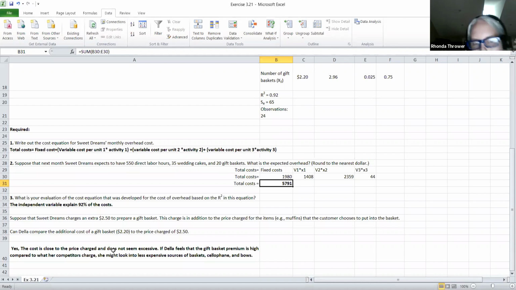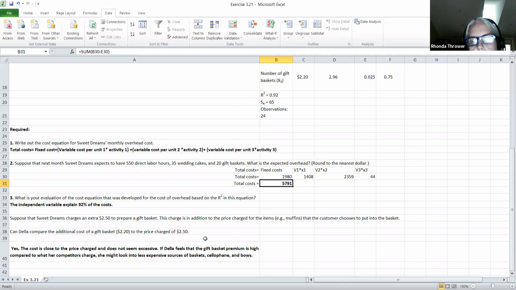But if they run into competition by competitors, they might look at less expensive sources for their products. So in the basket, they might look for things that would cost them less money to provide the customers with the basket.